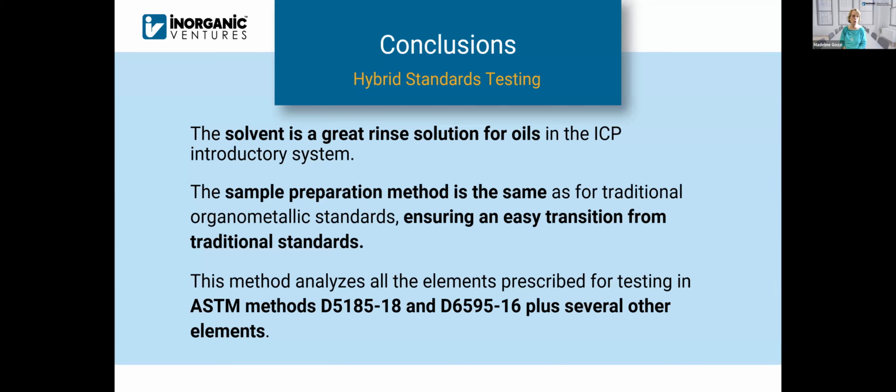We also made sure that our method was analyzing for all of the elements that are prescribed in the ASTM methods for testing wear metals in oils on ICP-OES, that is D5185-18. And we did not use this method, but there is a D6595-16, a rotating disc AES, but those are also the same elements that are prescribed for testing.